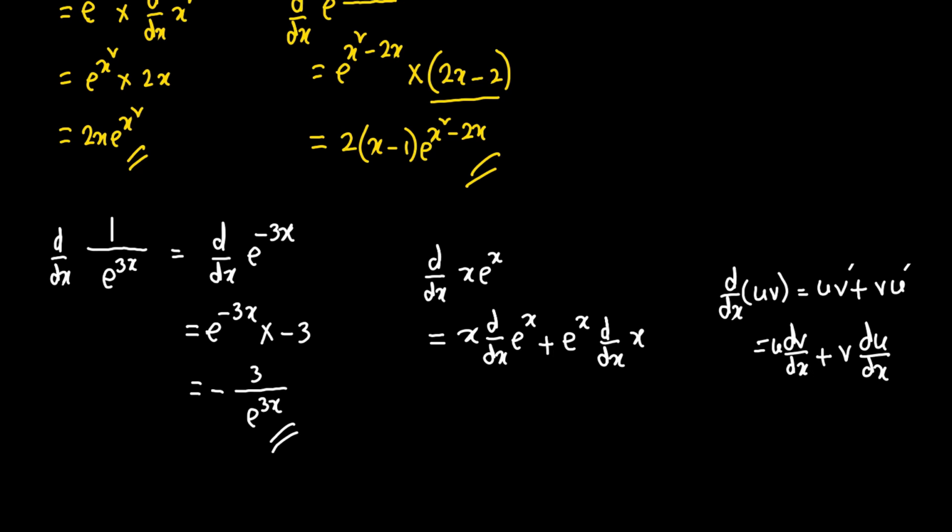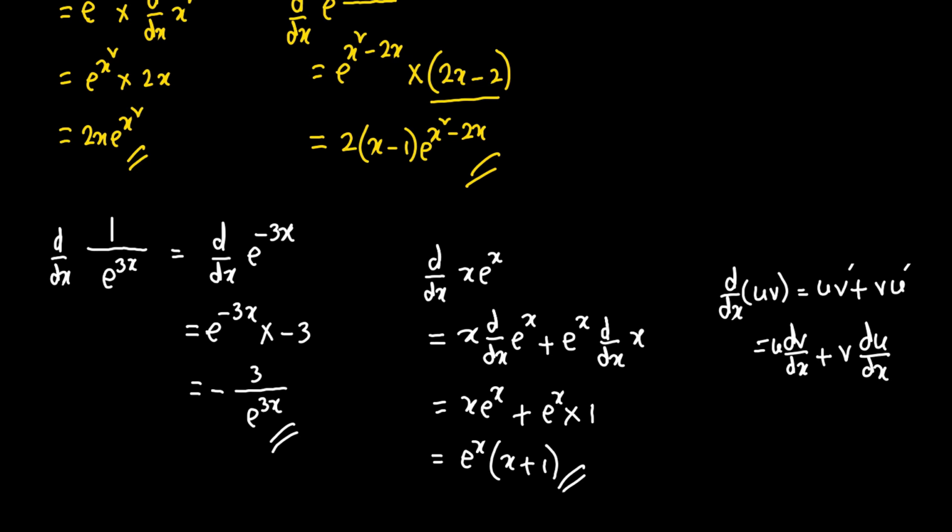This is the product rule. We are going to apply this one here. So x, and from e to the power x we get e to the power x, same thing, and from the right side only e to the power x we get because d/dx of x gives us 1 only, so we can take e to the power x common, then the expression becomes x plus 1. So this is our final answer of that part.